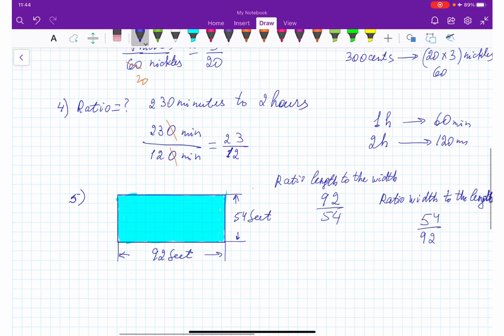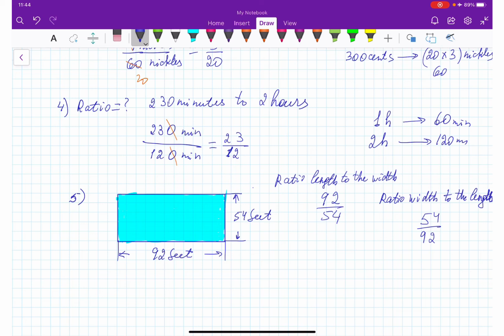So in our answers, it is asking length to the width. It's going to be 92 over 54. Can we reduce? I know that both of them are even numbers, so at least I can start with 2, right? 92 divided by 2 is 46. 54 divided by 2 is 27.